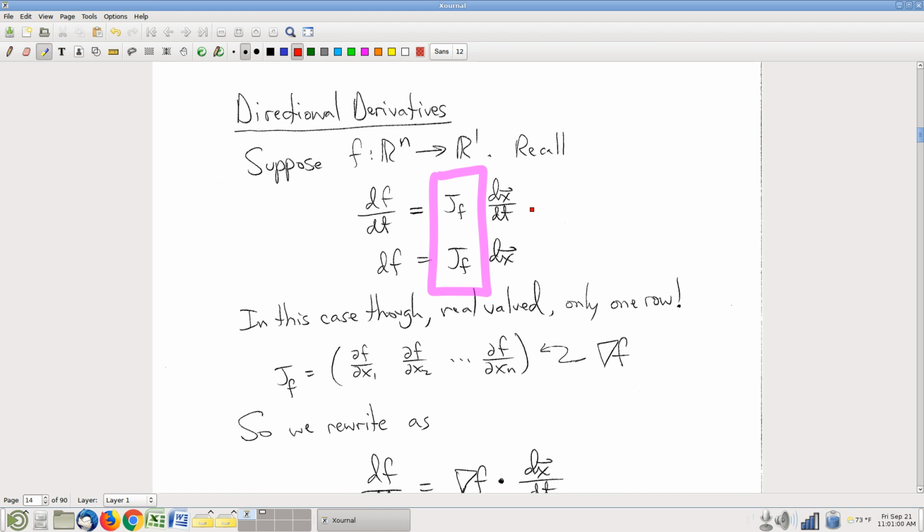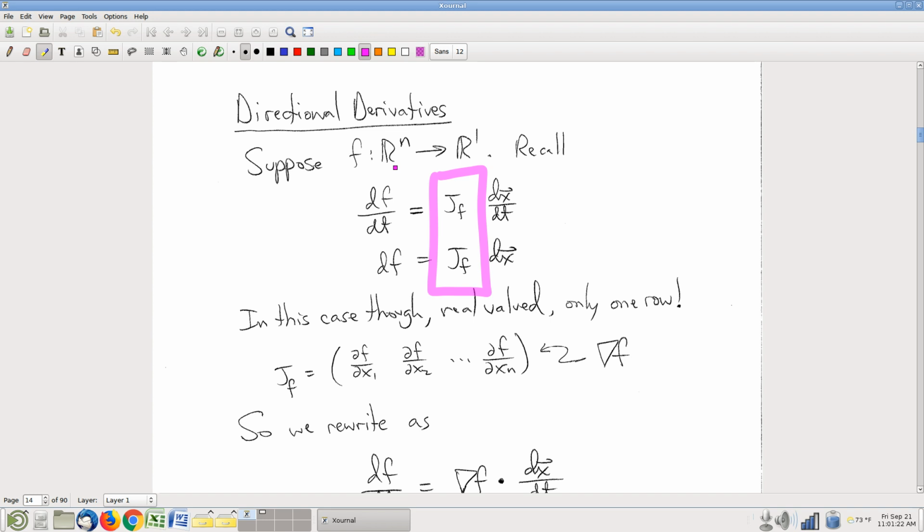If you were to take Math 222, the honors version of this class, they spend much more time than we do talking about the Jacobian matrix as fundamentally being the derivative of a multivariable function. So anyway, that's the Jacobian.